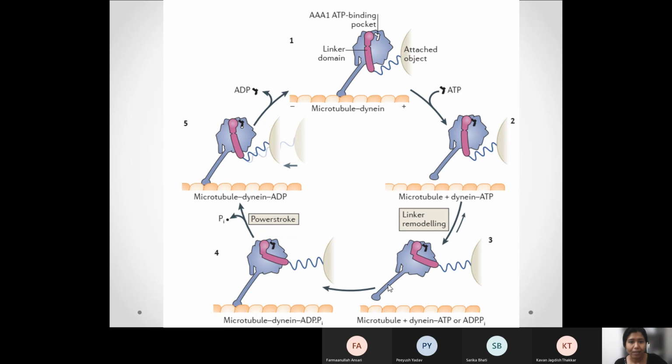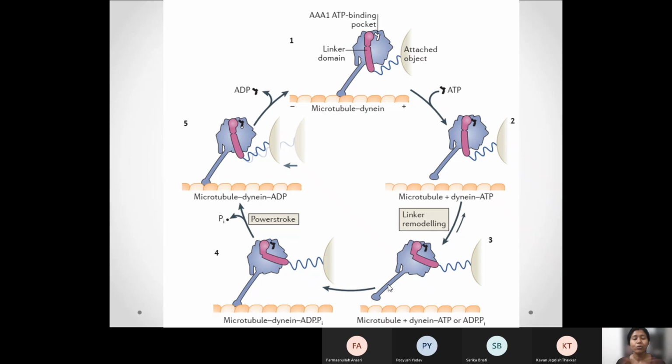So dynein, unlike kinesin, does not have a very regular movement of one hand over the other. Rather, dynein can have a movement of one leg moving, say 2 steps, 3 steps before the other leg moves forward. Also, dynein can have one leg moving forward and then moving backward, and the other leg can move forward.